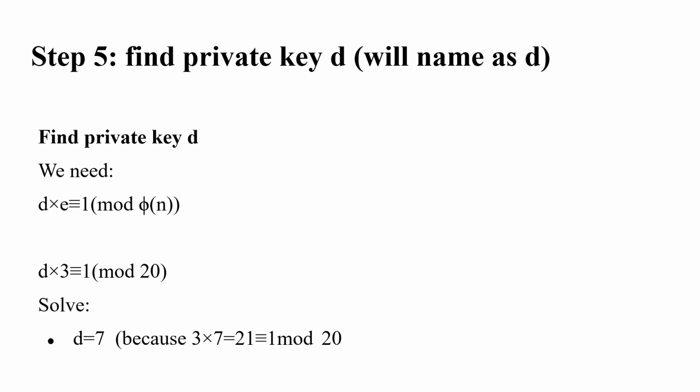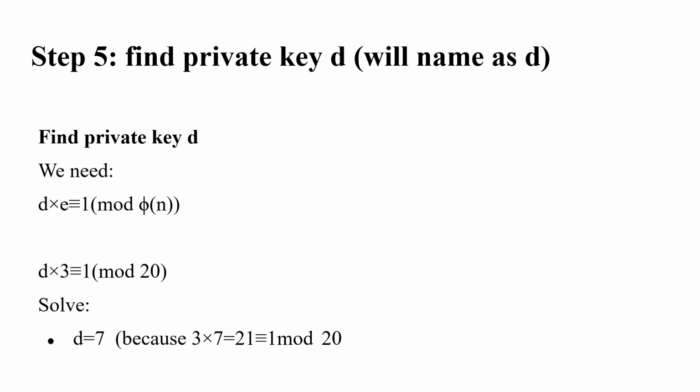The value was 3. This symbol with three lines is what we call congruent. Double equals is nothing but equals, and this triple line means congruent to 1, by taking mod of phi of n. I will show you by substituting the values so you get a clear idea.